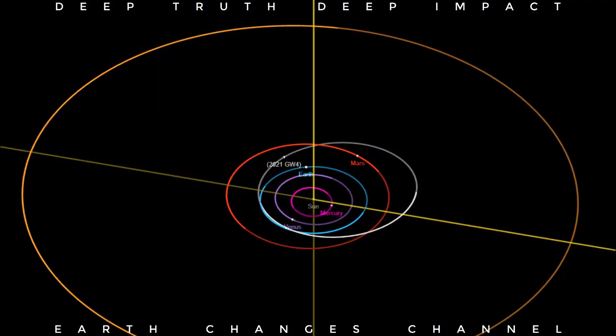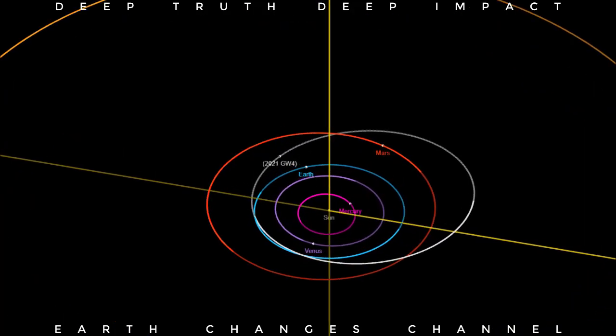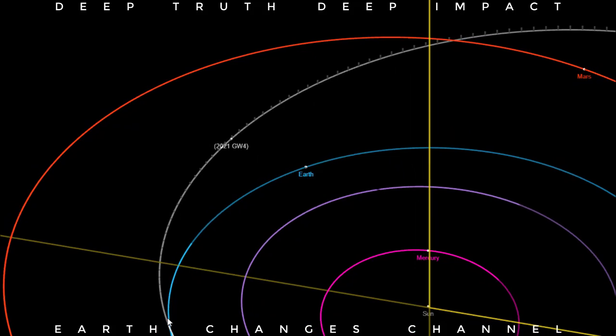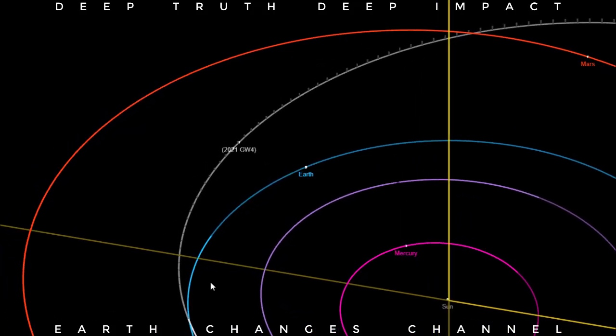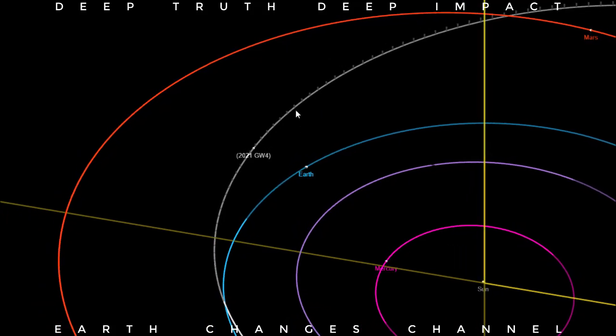So this is 2021 GW4, and it's not coming in at so steep an angle. If so, these lines would be very long through here.